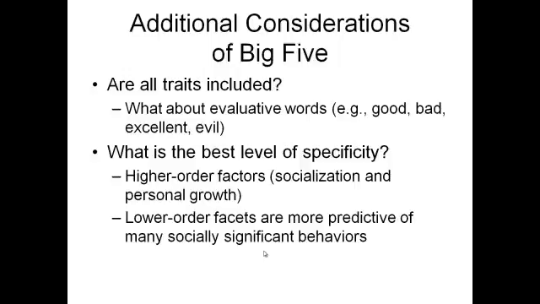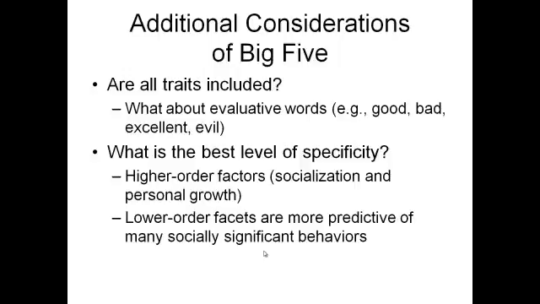What about good and evil? Interestingly enough, good and evil is not really put into the big five. Well, many people would say that good and evil are the most important dimensions of personality. Certainly, if you're taking a point of view from a religious point of view, good and evil are central. But good and evil is nowhere to be found in the big five.